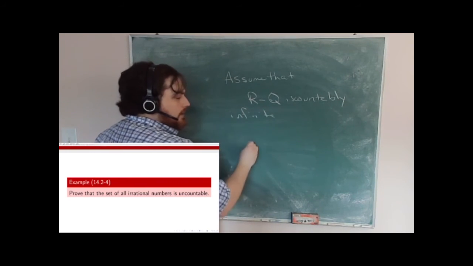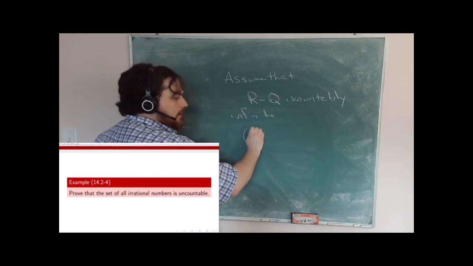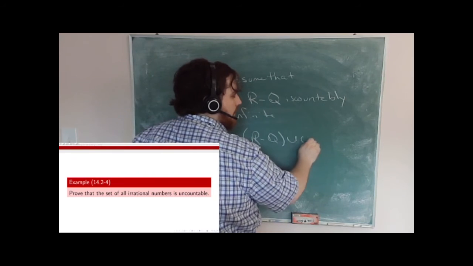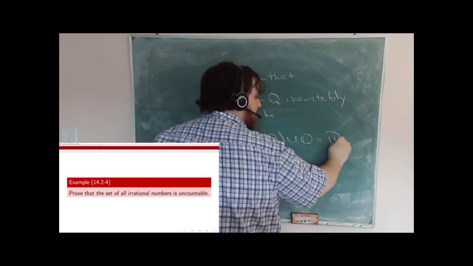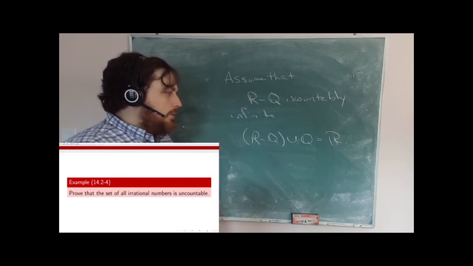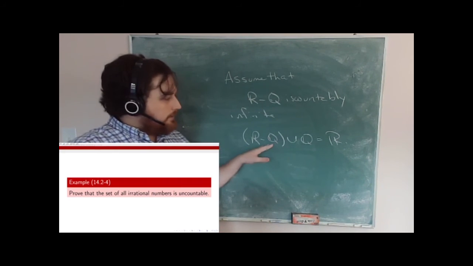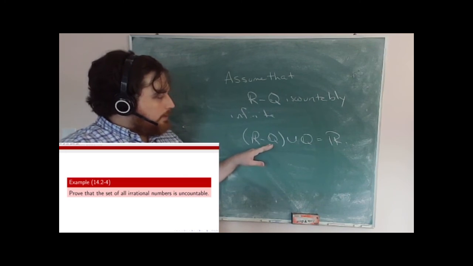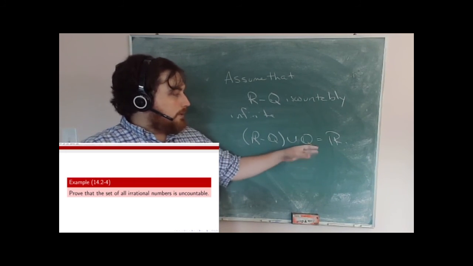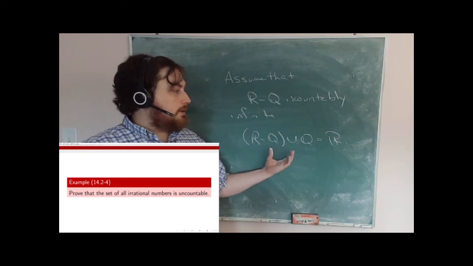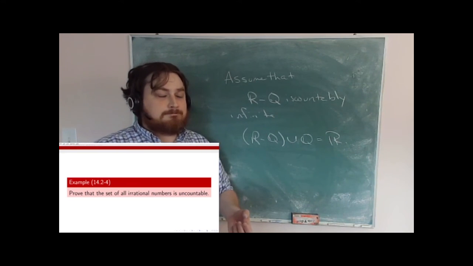Notice that if I take the union of R not Q with Q, I just get the set of real numbers. What we proved in class was that if two sets are countably infinite, their union is countably infinite. So if the irrationals were countably infinite, the set of real numbers would be the union of two countably infinite sets, and therefore would be countably infinite.